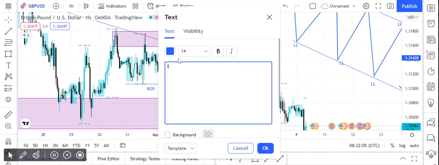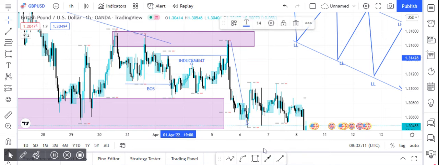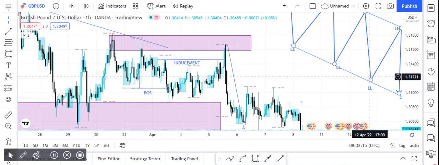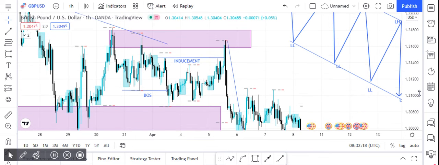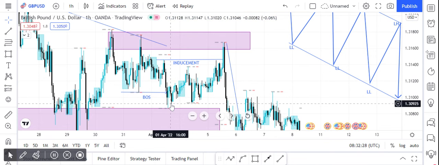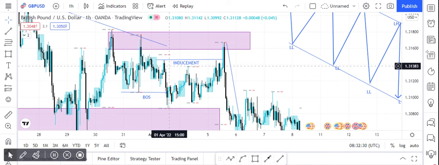I use inducement to confirm my trades, because these people are smart, and you need to be smart like them. So this is what happens: failure swing, then we see inducement, break of structure. They want to lie to you that this is a high that broke this structure. No, this is liquidity.